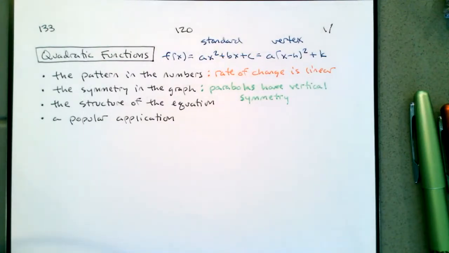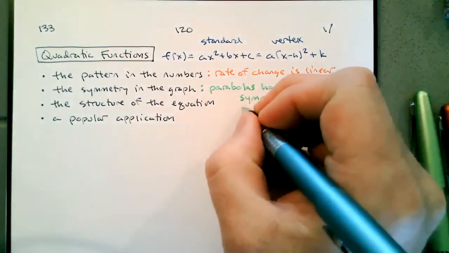So when we're looking at the graph of a quadratic function, we have this vertical symmetry. The left side is a copy, a mirror image of the right side. That showed up in the numbers, that the numbers on the left were the same as the numbers on the right. So this vertical symmetry means that numbers that are horizontally the same distance from the middle will have the same y value. So that's what we're talking about with this symmetry.